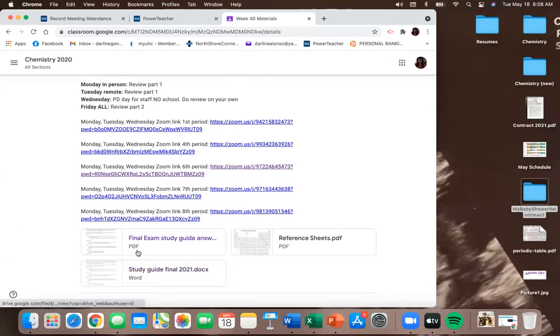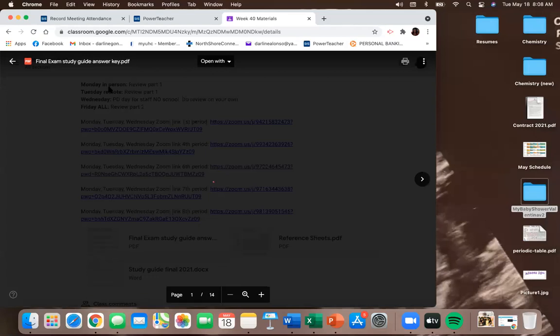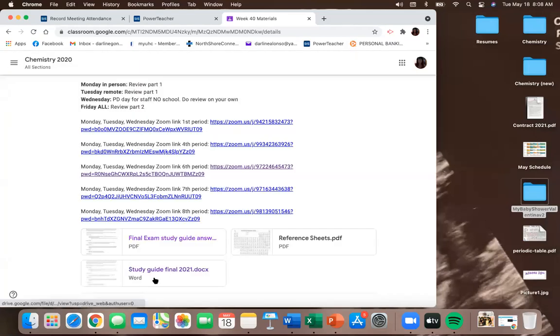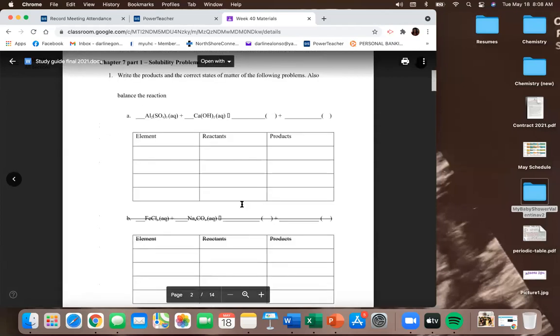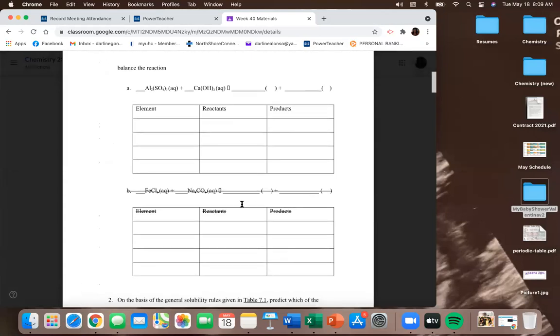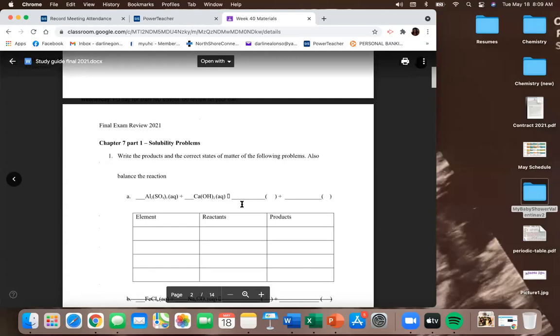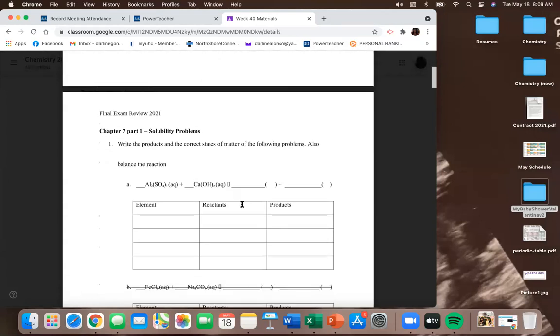All right. So this is the answer key. Sorry, this is not. So the study guide I'm going to be going through is this one. You guys don't have a hard copy unless you've been to the school to get one. You just have virtual copies. It's still important that you do the examples with me as we go through.